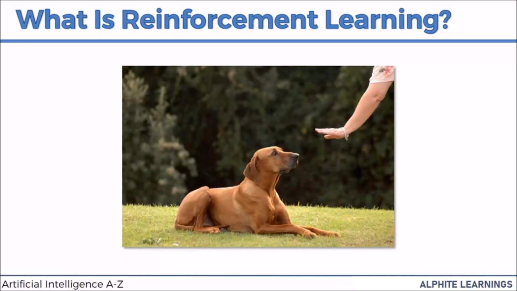Okay, so moving on, the simplest way to think of reinforcement learning is like training a dog. When you train the dog you give certain commands, and if it obeys those commands, you give it a treat, like a biscuit or something.